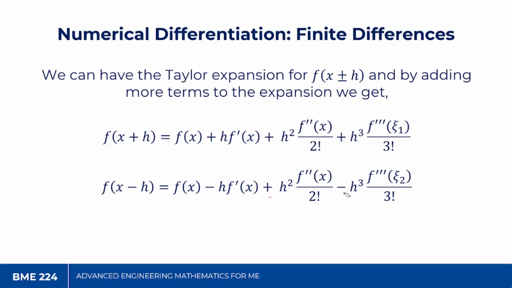Now, if we subtract these two expansions, meaning f of x plus h minus f of x minus h, we have f of x minus f of x, which becomes 0, plus h f prime of x minus negative h f prime of x. Negative times negative becomes positive, so we get positive 2h f prime of x.